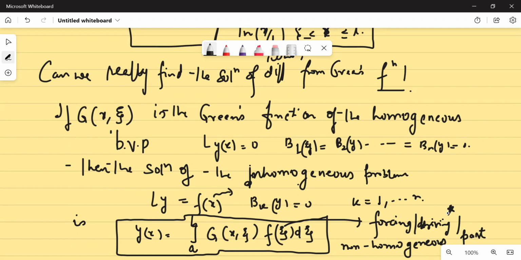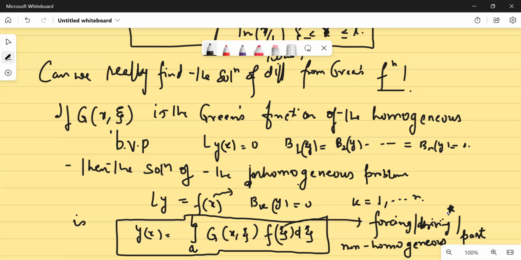So I'll illustrate all these things using a problem, and I'll meet you in the next lecture. Because right now there's a, haan beta bolo. Student: In this solution that you wrote for the non-homogeneous part, we only need to know the Green's function, right? Yes, this Green's function you should know for the homogeneous case.